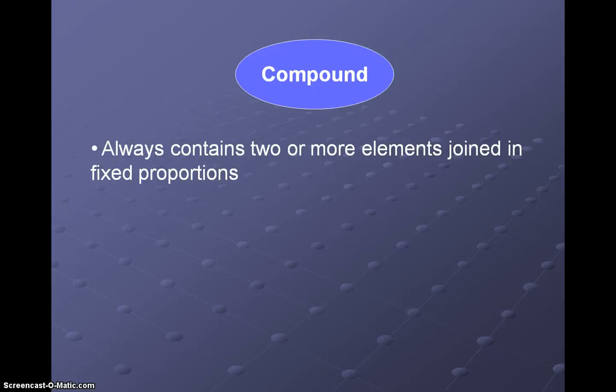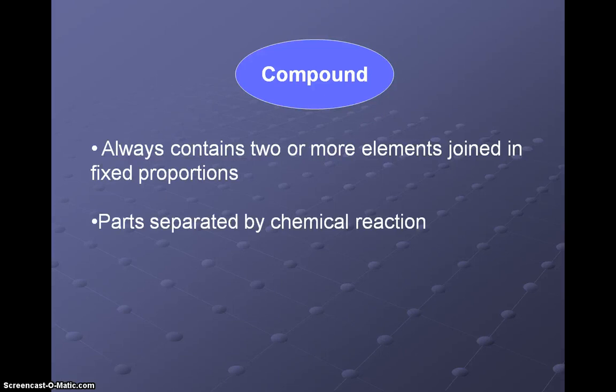So a compound is a combination of one or more elements, but they are always in fixed proportions. The only way that you can separate the elements in a compound is by undergoing a chemical reaction. You can't heat it up, you can't break it up, you can't grind it up. The only way to separate the elements out of a compound is to undergo a chemical reaction.